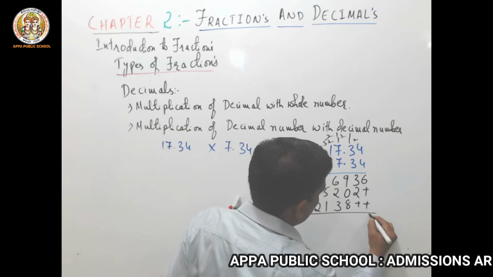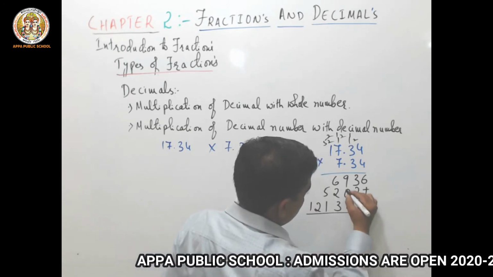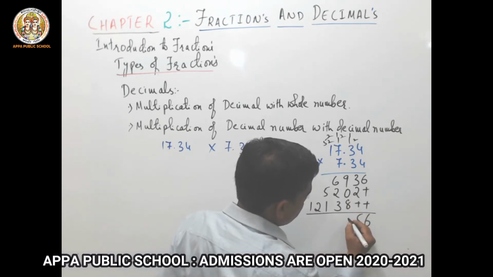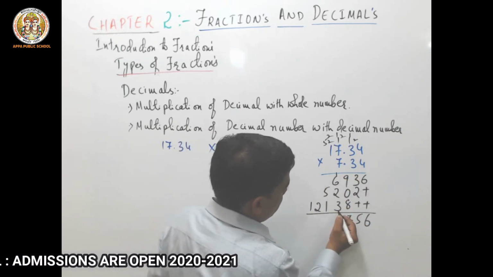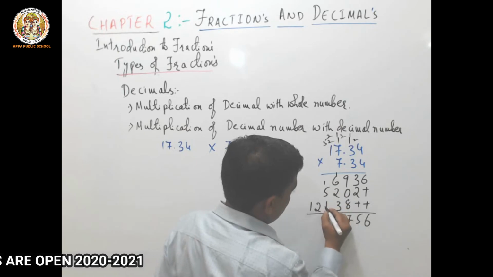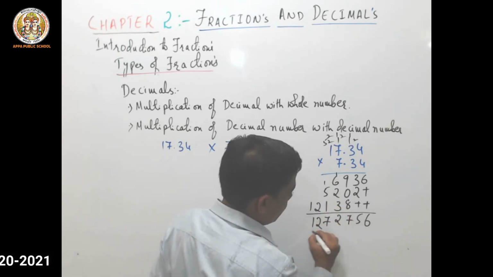Right? So here 6, 5, 9 plus 8 is 17, carry 1. 6 plus 3 is 9, plus 1 10, 12, carry 1, 7, 1, 2.